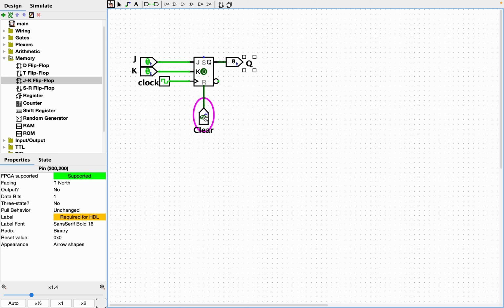This is a crucial feature because it allows you to manually reset the counter. When the clear input is active, typically 0, it overrides the normal operation of the JK flip-flop and forces the output Q equals 0. When the clear input is inactive, typically 1, the flip-flop behaves normally according to the state of the clock and the JK inputs.